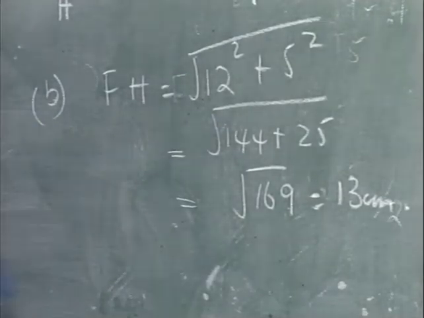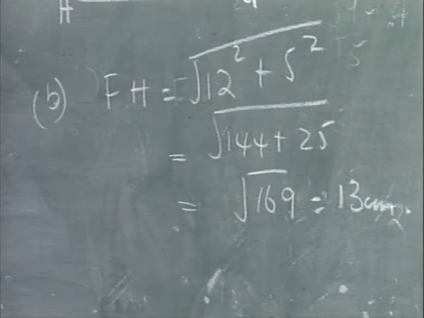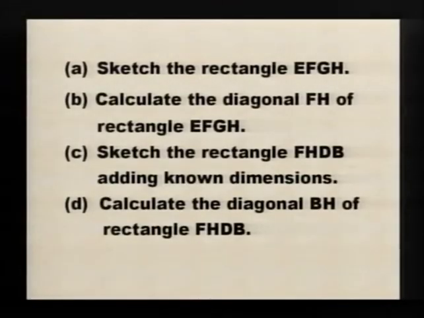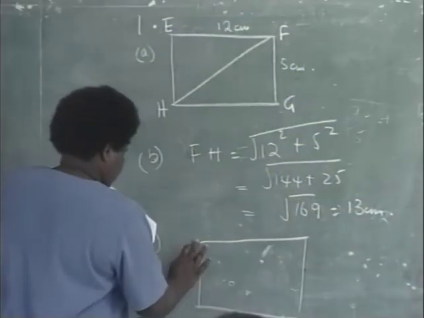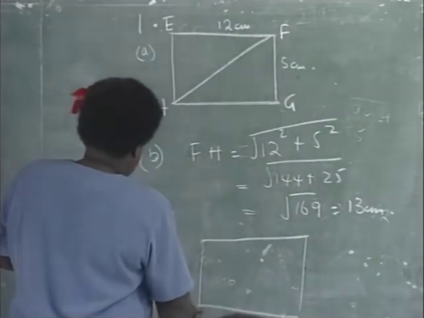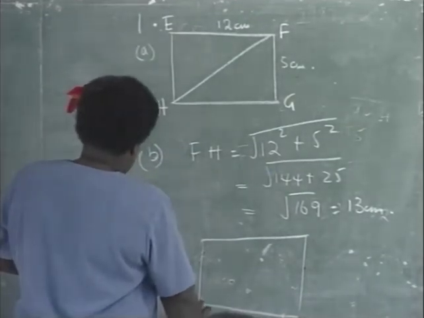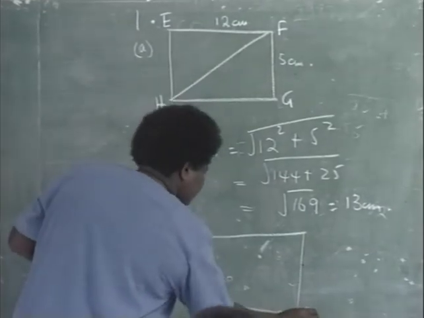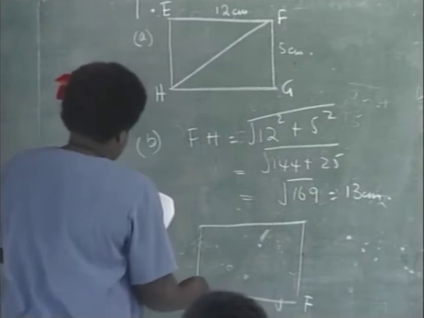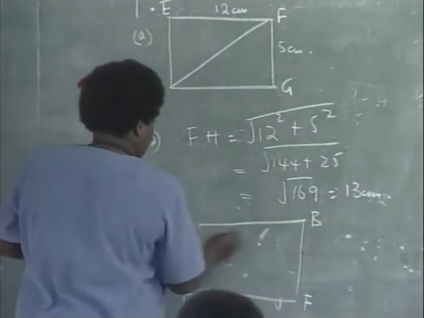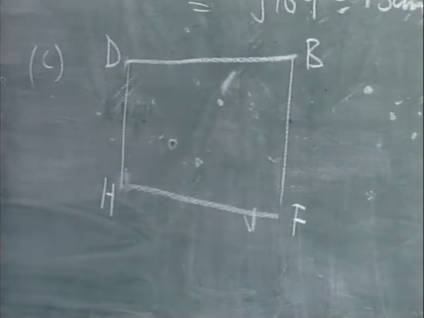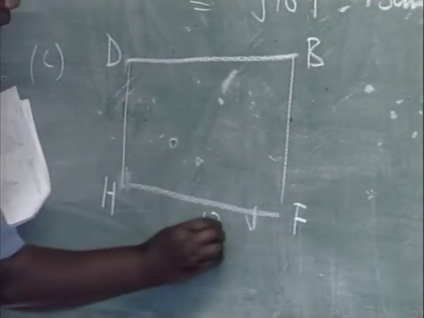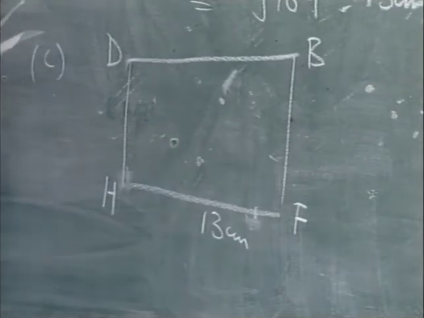Then it says sketch the rectangle FHDB. FH is 13 centimeters.